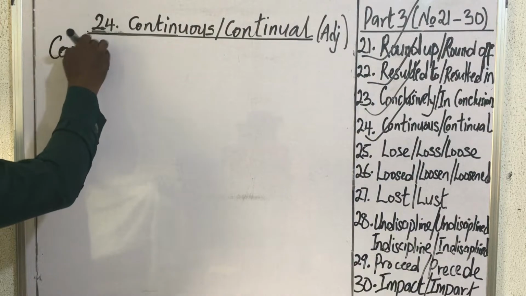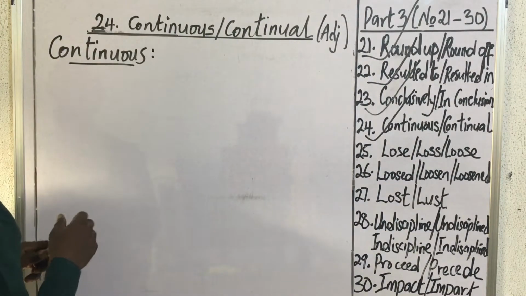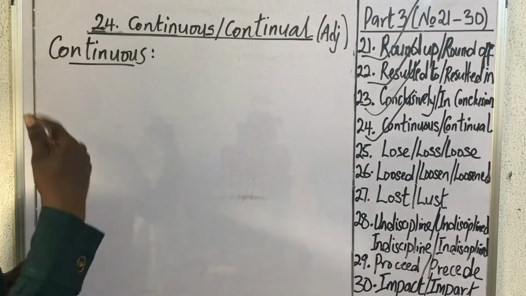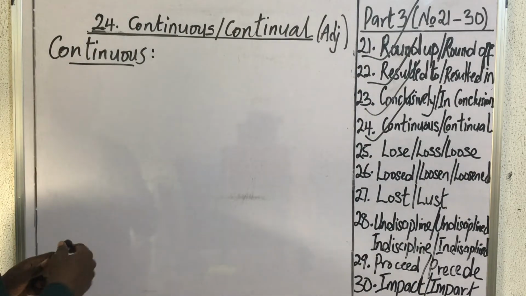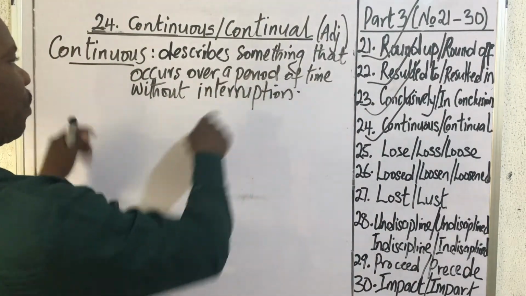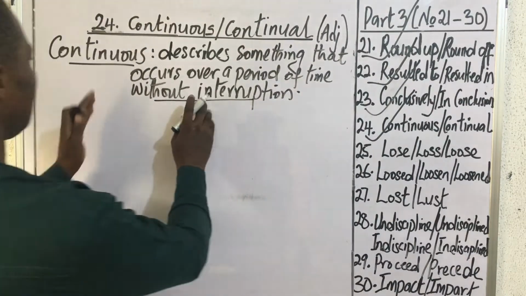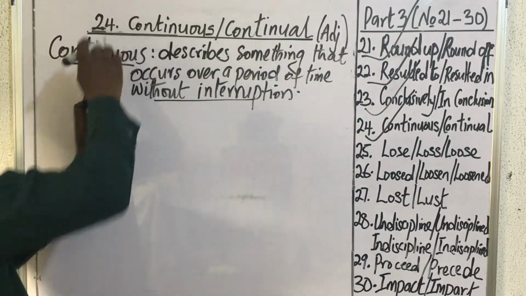Now, what's the meaning of continuous? Continuous describes something that occurs over a period of time without interruption. This is very important in the understanding of continuous.